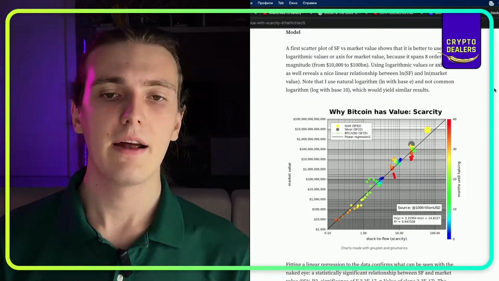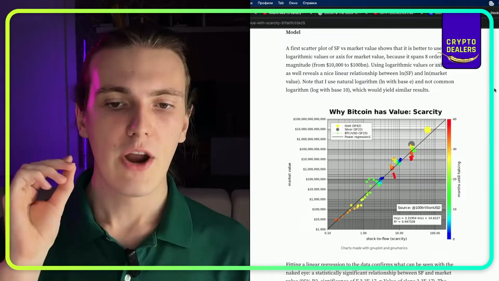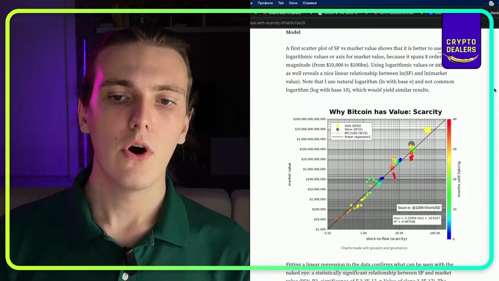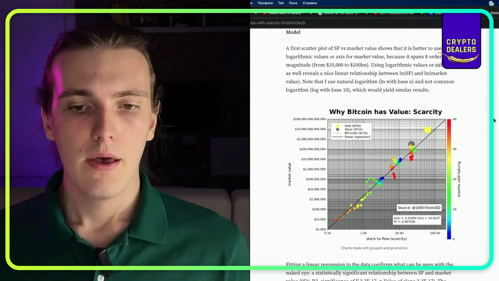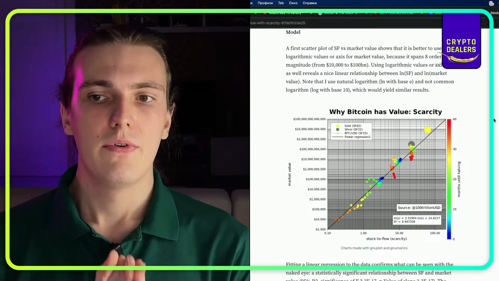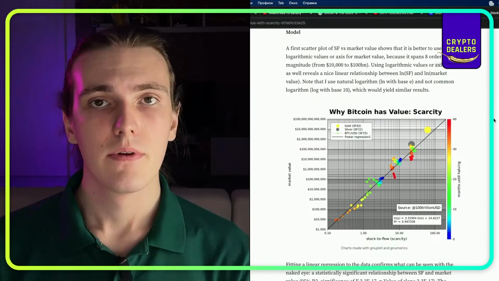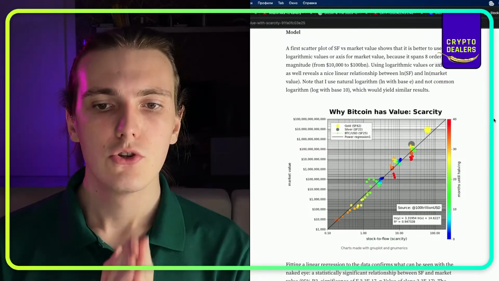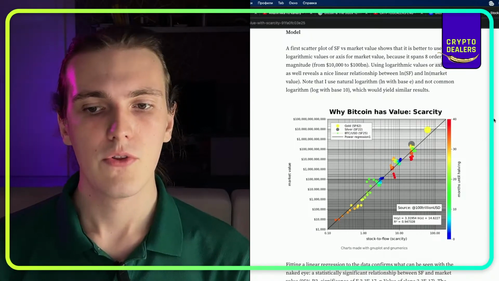So he took data for Bitcoin, gold, and silver for every month and put it onto this chart. And as you can see, the SF theory is generally correct. We can use it to measure value and pricing for these assets.